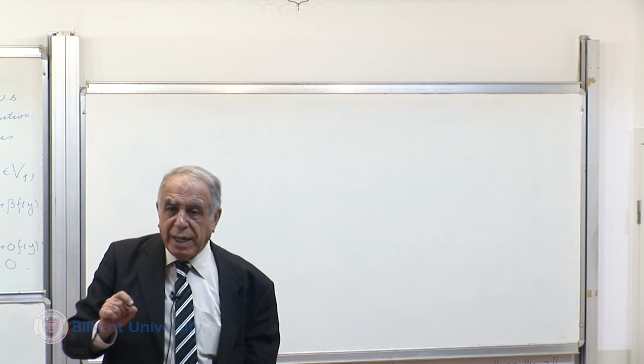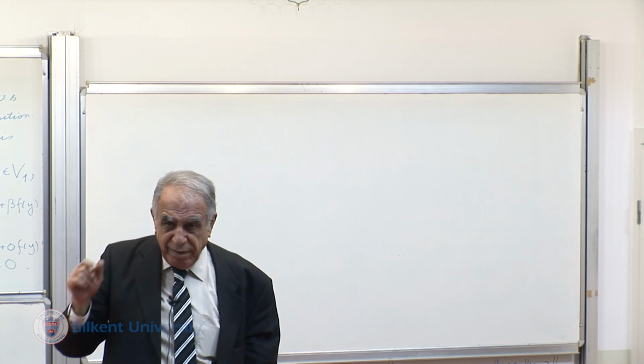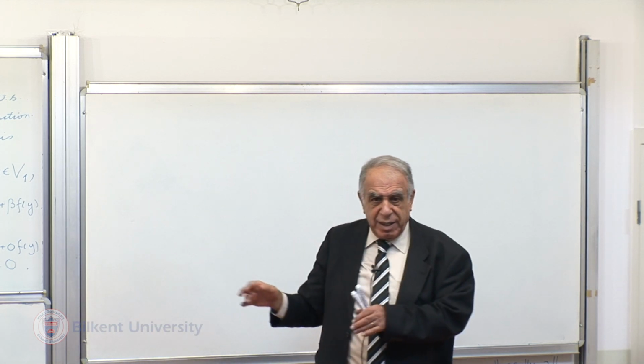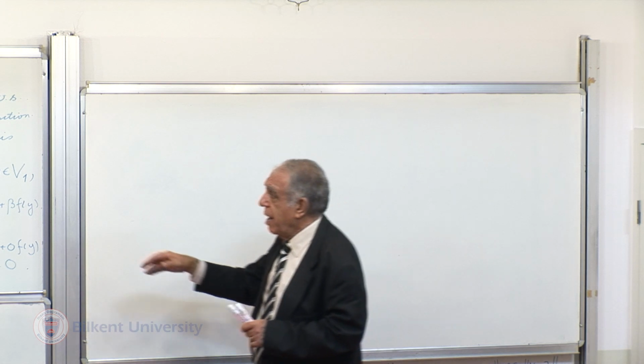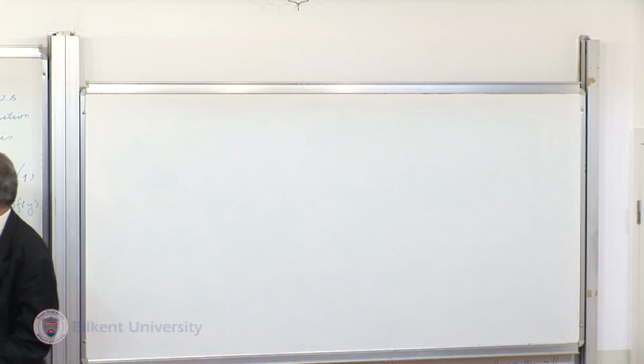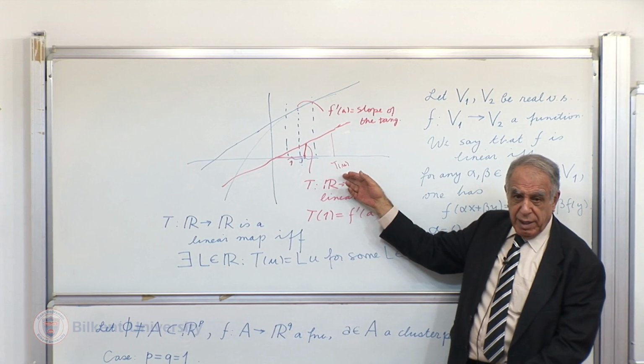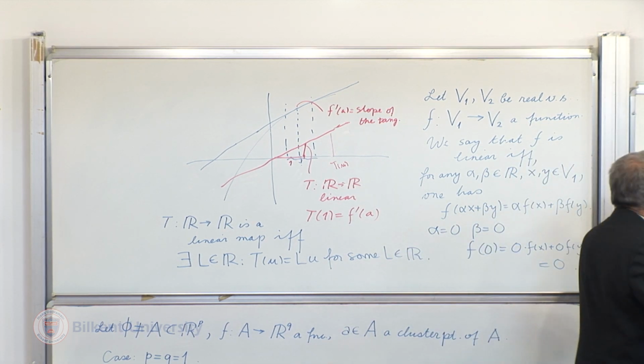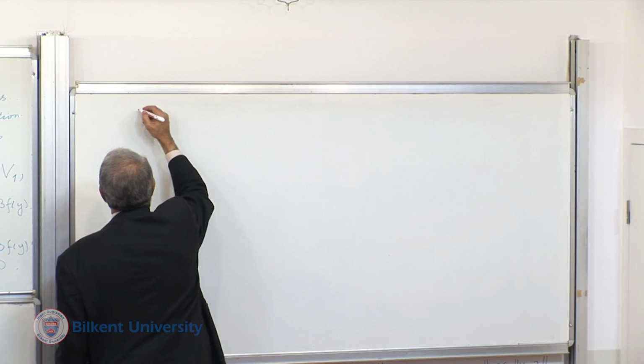Let us first make the notion of a directional derivative. Well, we'll do that in the general case, and let us then see, coming back to here, how that is related to this T of u. But for that, we need some further apparatus.